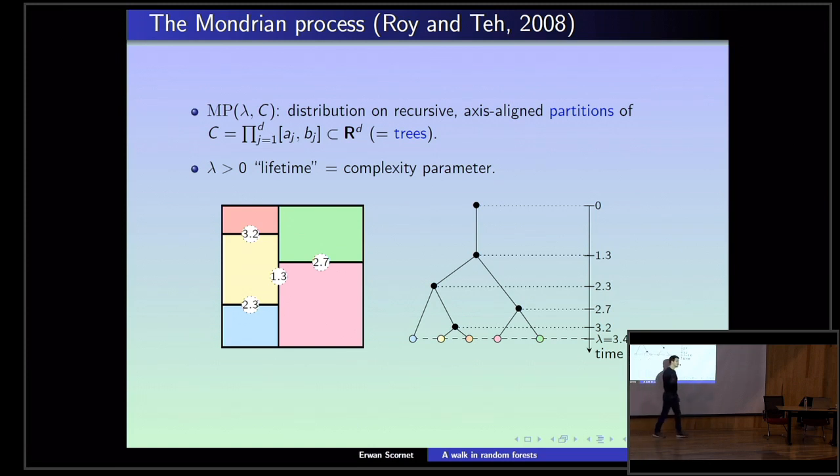And then I do that again and again until I reach a time which is the lifetime of the partition, which is called lambda here, and which is 3.4 in this example, meaning that all splits that occur after time 3.4 are discarded. I do not take them into account in the tree construction. So it's a way to stop the tree construction.